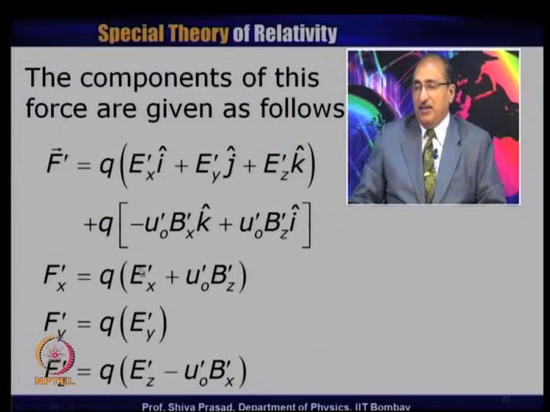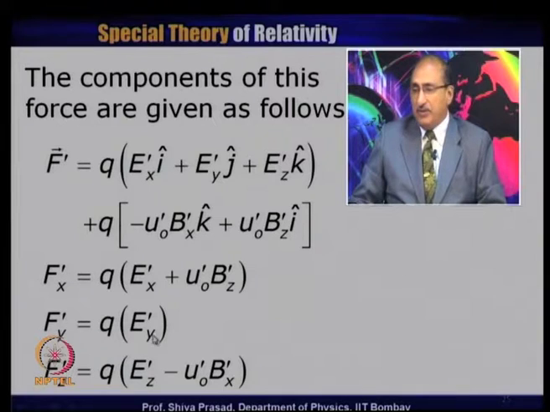So, this becomes Q Ex prime plus u naught prime Bz prime, which forms the x component of the force. As far as the y component is concerned, there is only one term which contains j, so Fy prime is just equal to Q Ey prime.